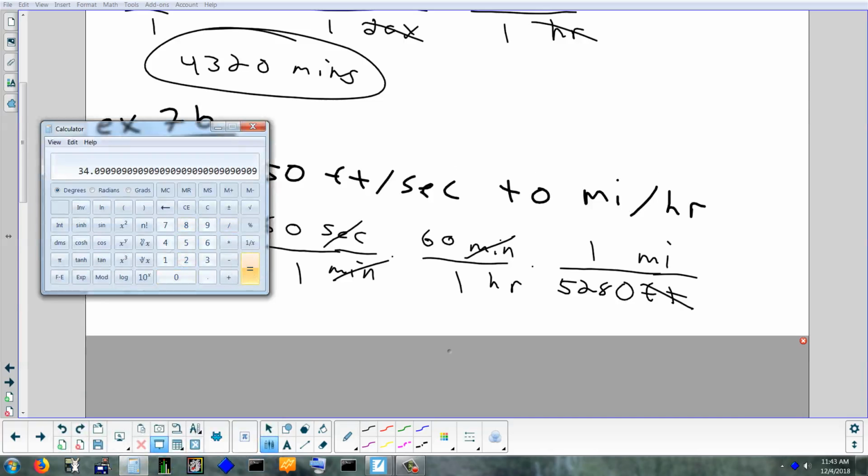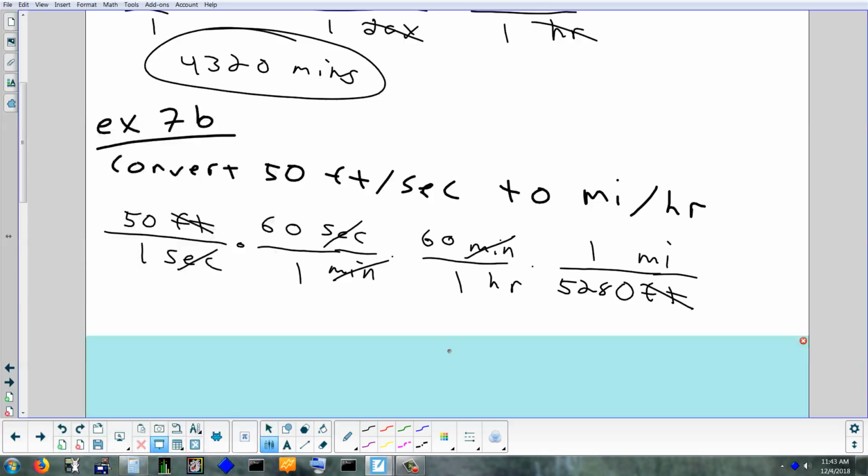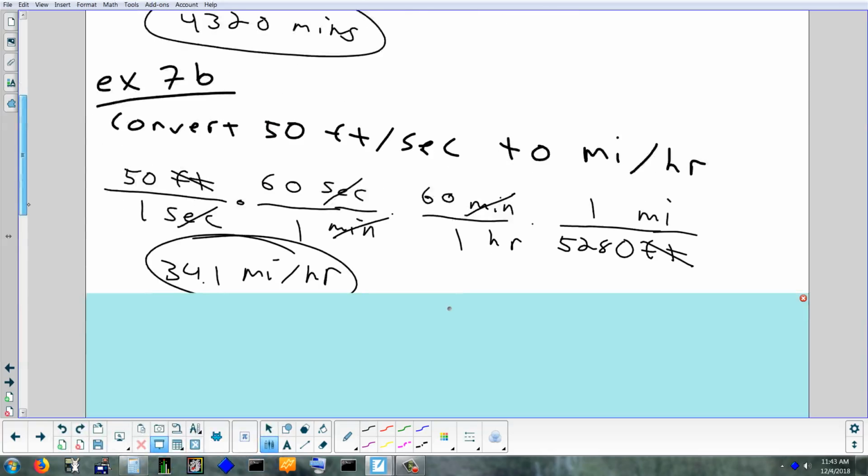So that's a speed of 34.1 miles per hour. That's an example of converting linear speed to linear speed. All you did was change the units, but it's still linear to linear.